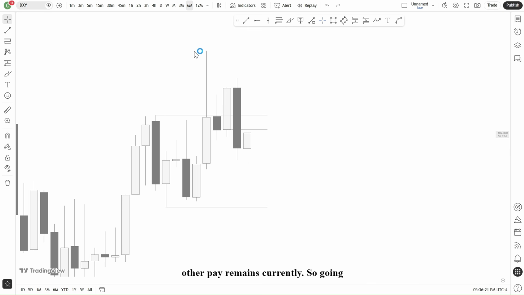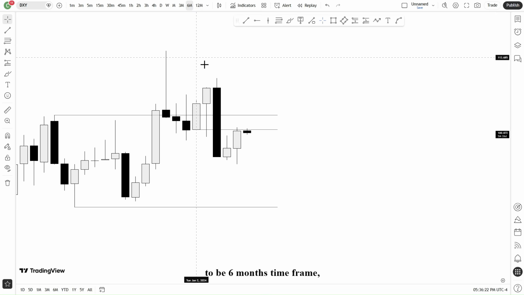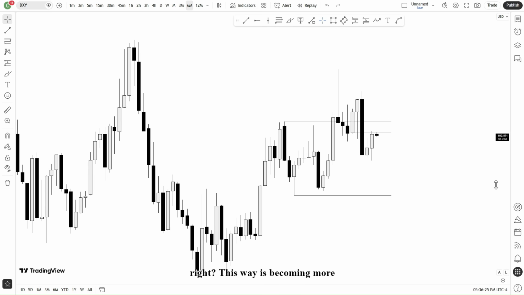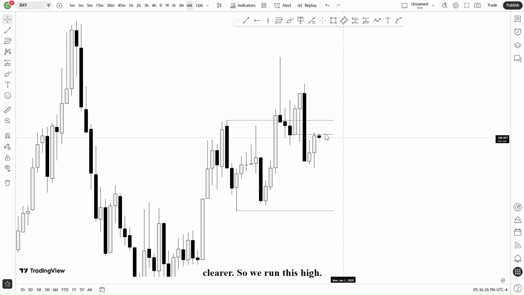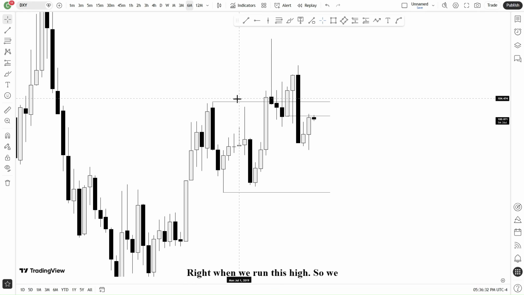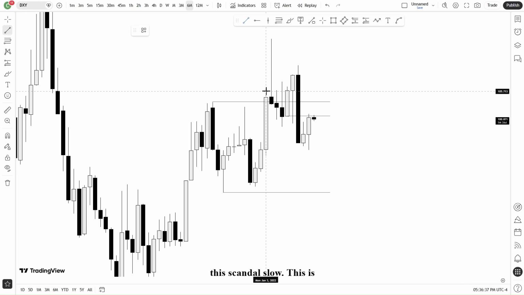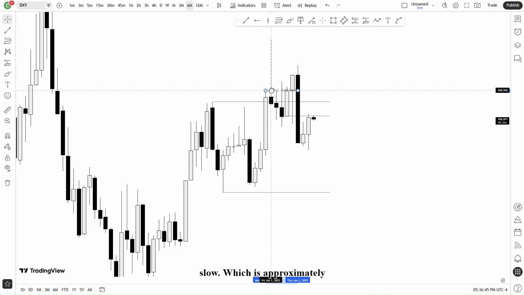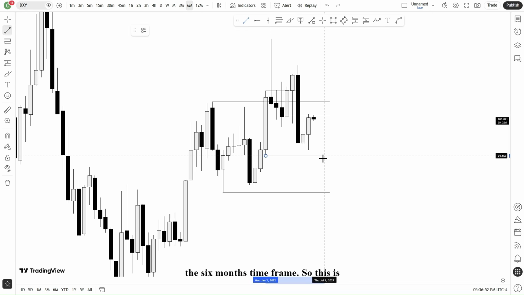So going to the 6 months time frame, right? This is becoming clearer. So we ran this high, right? When we ran this high, we are currently working our way towards this candle slope. This is a range, right? We are working our way towards this candle slope, which is equivalent to this sell side inefficiency in the 6 months time frame.